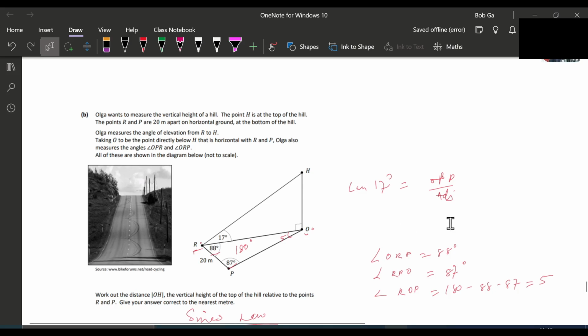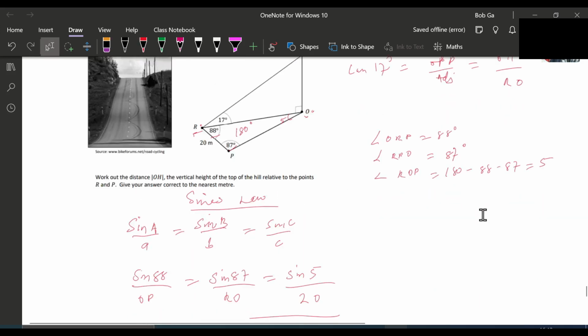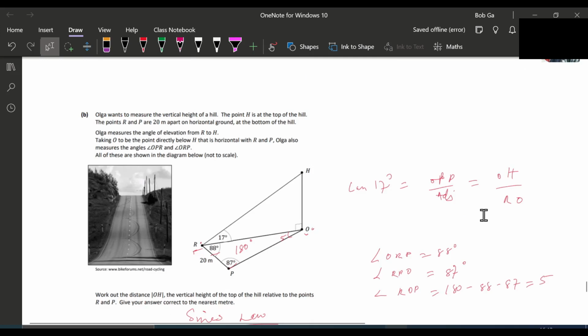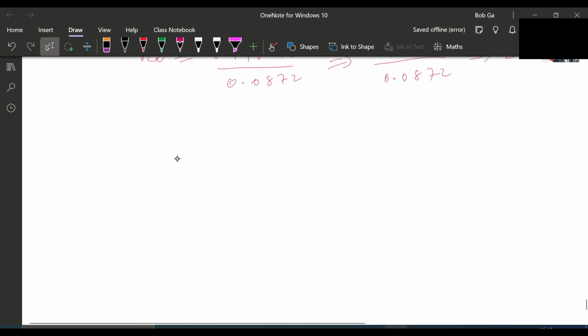We can substitute this to get our OH, because the opposite of tan 17 is OH, and the adjacent is RO, and we found RO. So we come back down here. So tan 17 is equal to OH over RO.